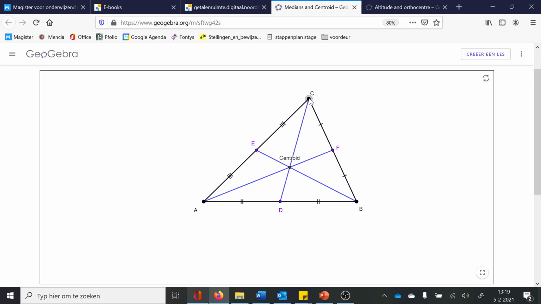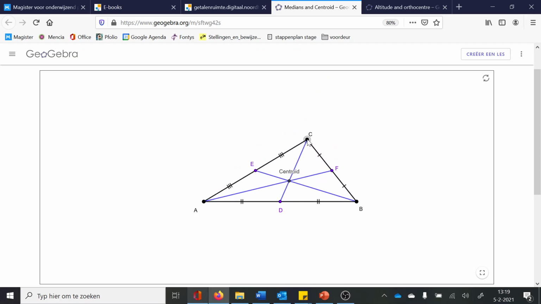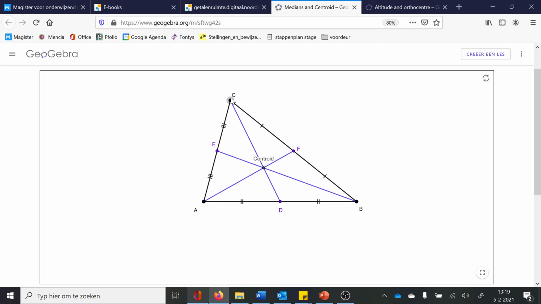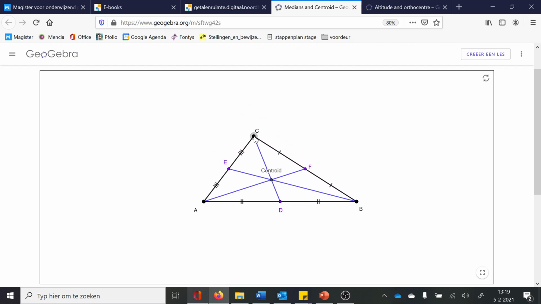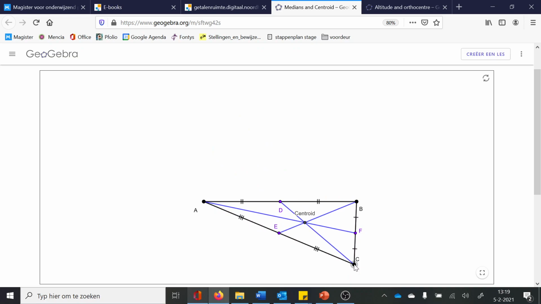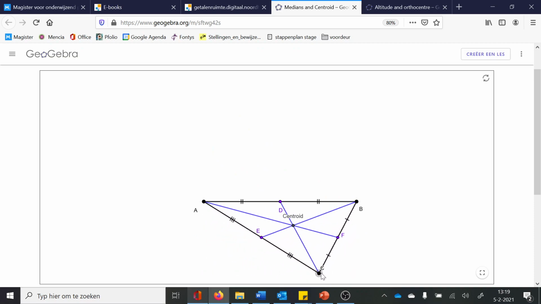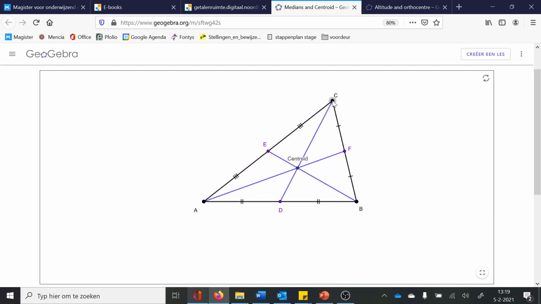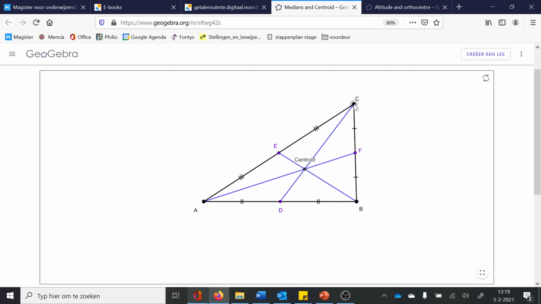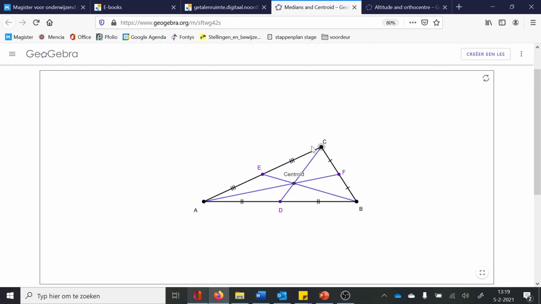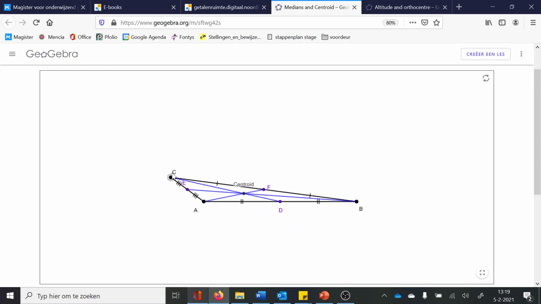You can see if I now change the shape of this triangle, that the lines now start moving accordingly, right? And it even happens if I flip it like this. As you can see, no matter how, the three lines always intersect in one point, the centroid. And that centroid, funnily enough, is also always inside of the triangle.